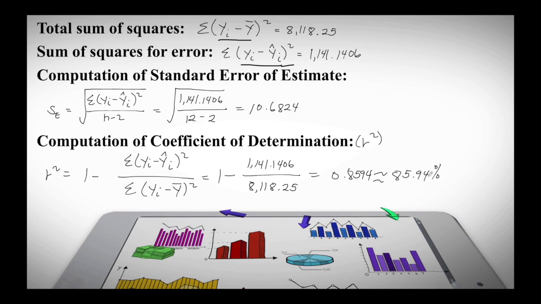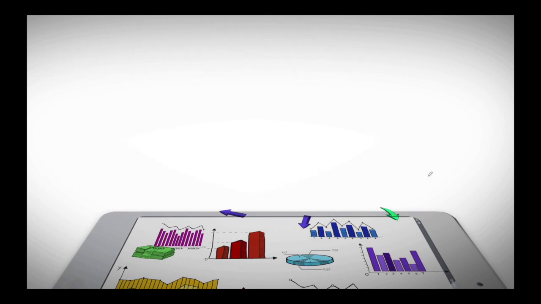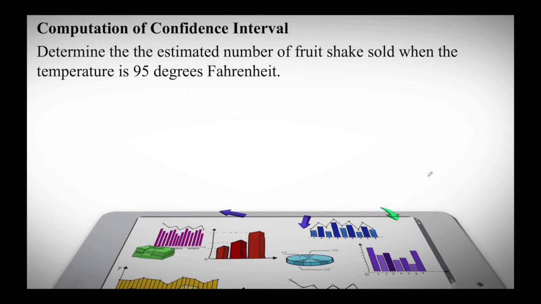Now, let's go to the computation of the confidence interval. For the determination of the confidence interval, first we should determine the estimated number of fruit shakes sold when the temperature is 95 degrees Fahrenheit. Sorry for the typographical error, naulit siya. For us to solve this, napakadali lang.